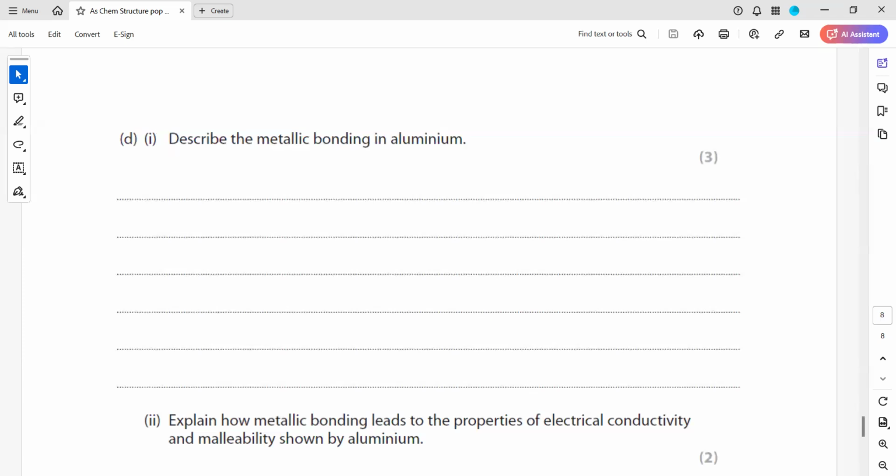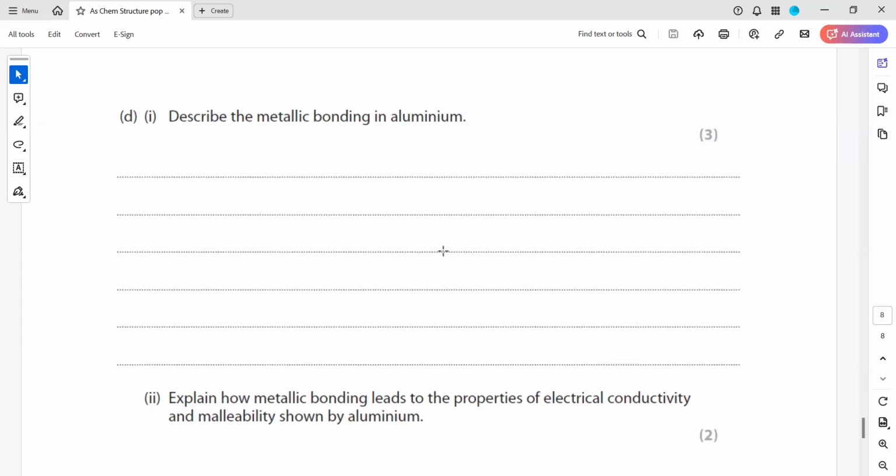First thing, you'll mention that a metal consists of a lattice of positively charged ions. That is one thing. And there's a strong electrostatic attraction between the positively charged ions and the delocalized electrons. That is the second point. And the charge of the aluminium ion is +3. That's the third point.